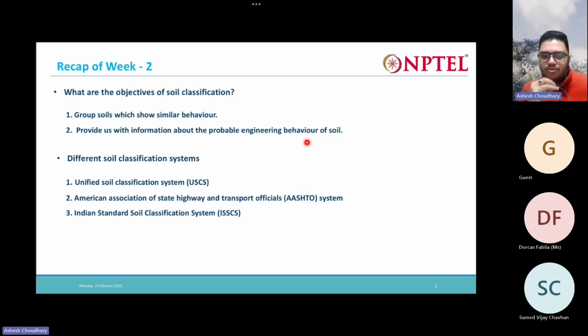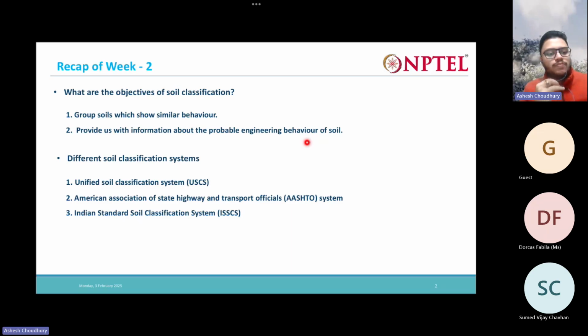But when I say clay, what comes to your mind? It's going to be sticky and you cannot walk over it very easily, right? So when I classify the soil, I will know about some behavior of that particular soil too. This is the main objective of soil classification.